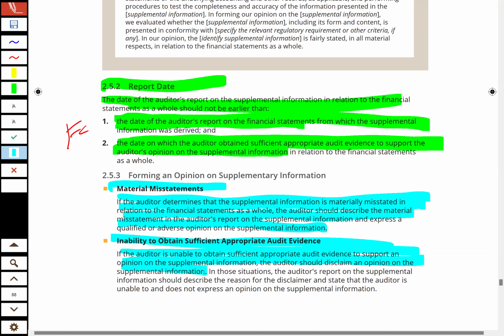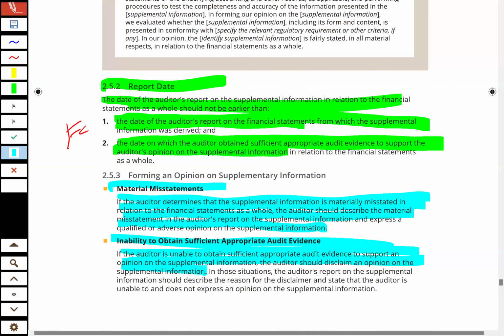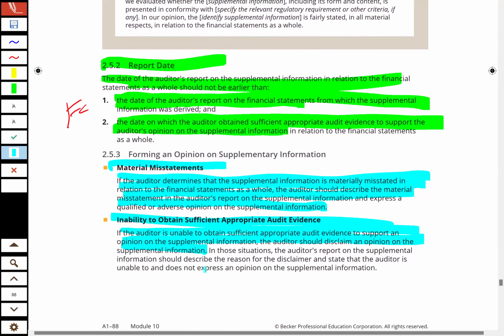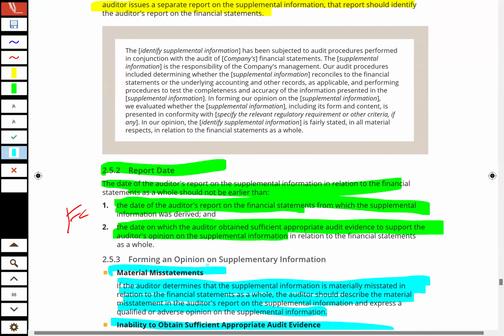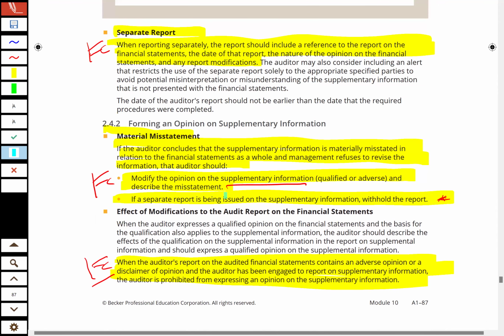But what's bothering me here is they don't call out that if it's a separate report, the report should be withheld for a disclaimer. But they say up here that you do it if it's qualified or adverse for material misstatement.